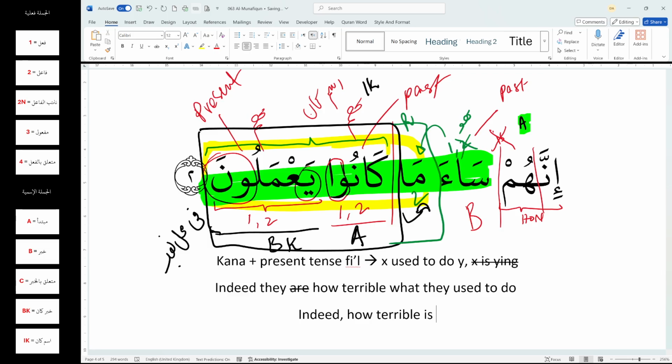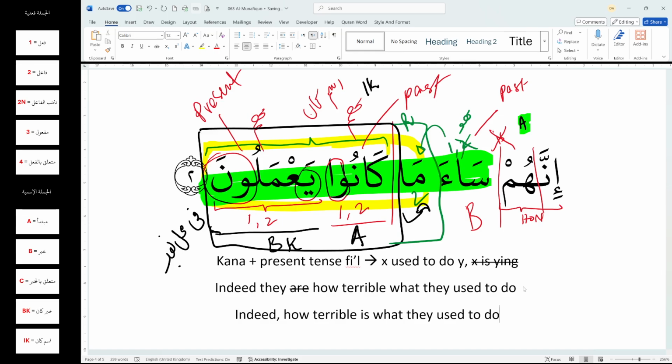Okay, and that's almost the closest translation I can make sense of in the English language. In Arabic, this makes sense to any Arabic speaker. But in English, it's difficult to make sense of, right? So let's leave it at that, inshallah.